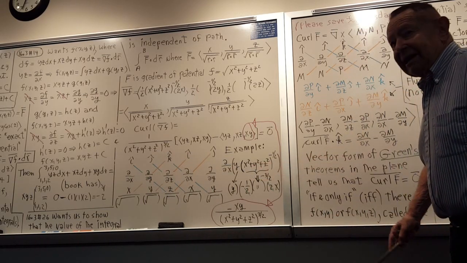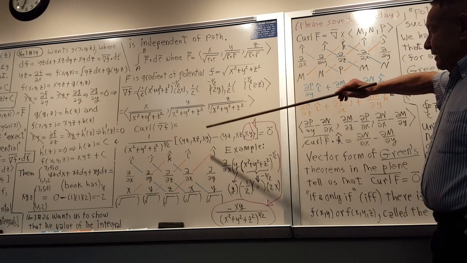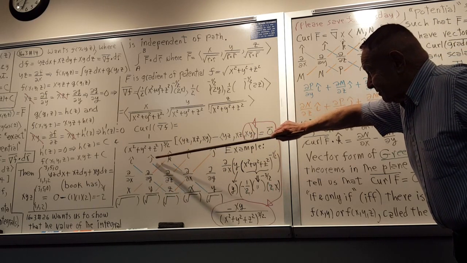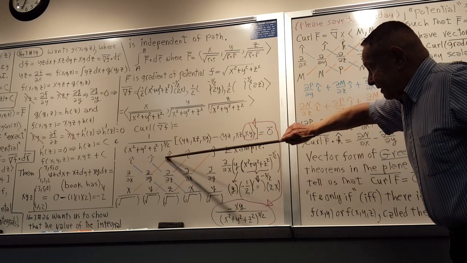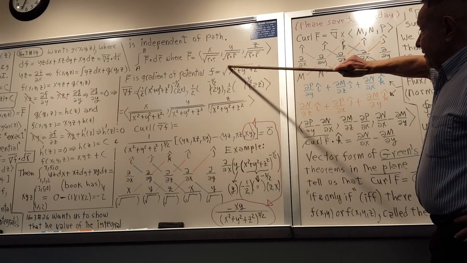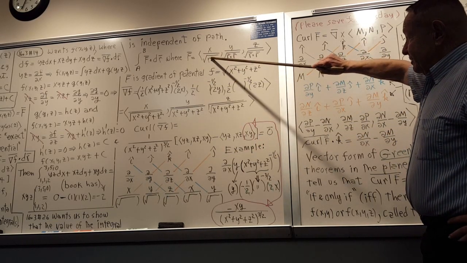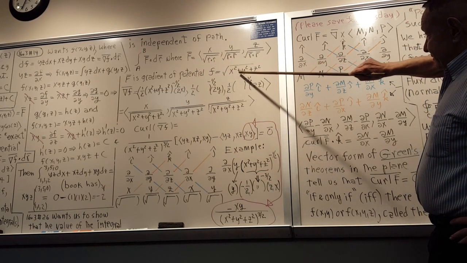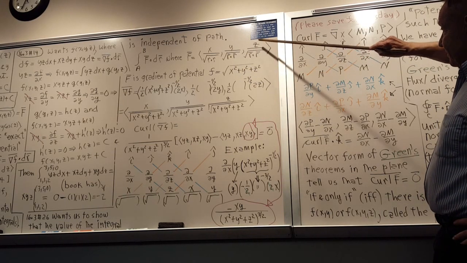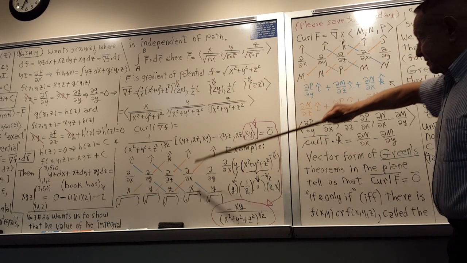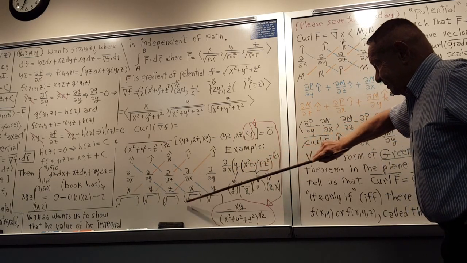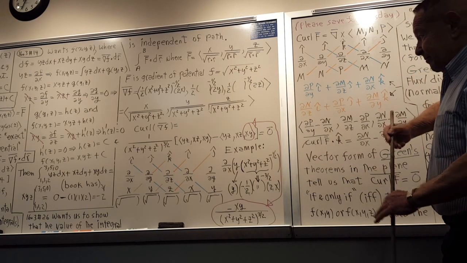So just to see how that works, I don't have space to write the whole thing, obviously. If you're doing your curl, you're doing i, j, k, your cross product, your partials, and then these things: x over the square root of the sum of squares, y over the square root of the sum of squares, z over the square root of the sum of squares.